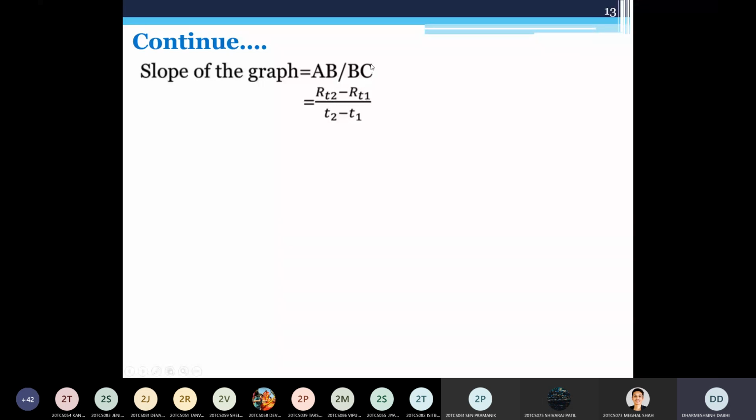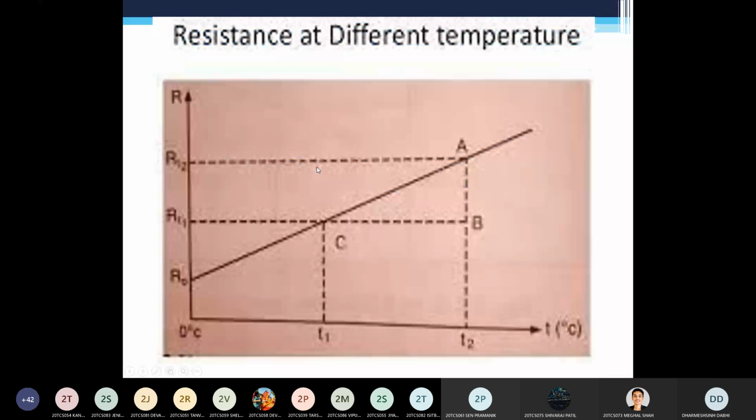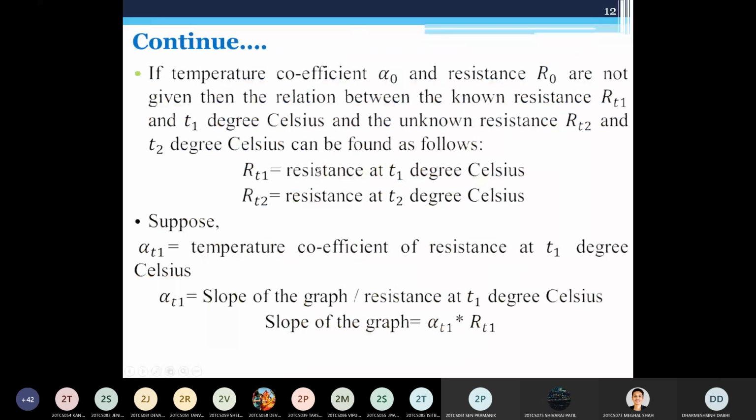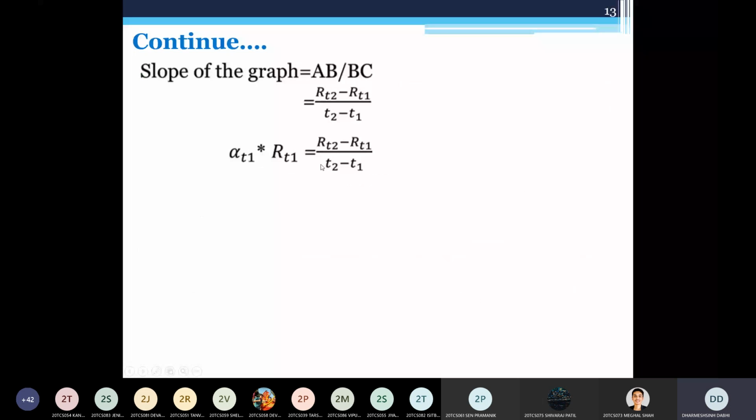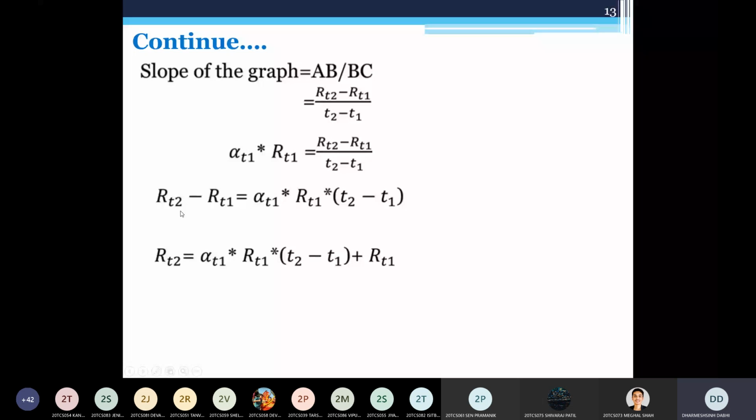RT2 minus RT1, and based on that you can calculate the value of RT2, that is, the resistance at the new temperature T2.